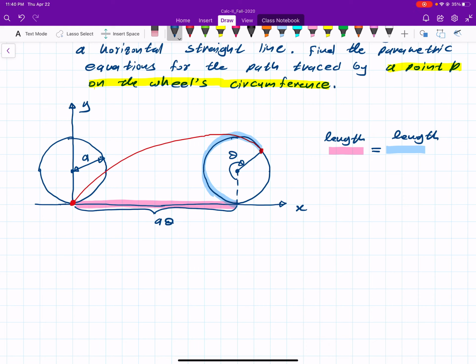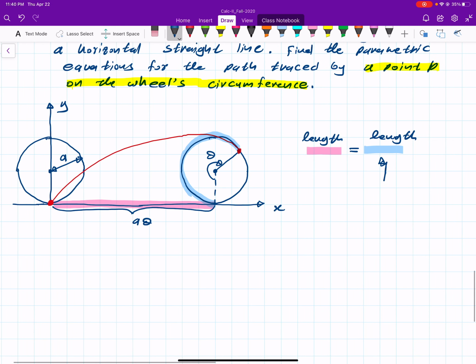You know this blue length is actually given as r theta, that you have learned in your calculus 1 class. This is actually something like this.